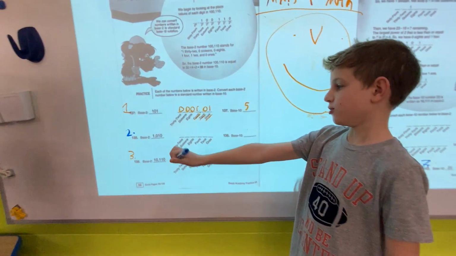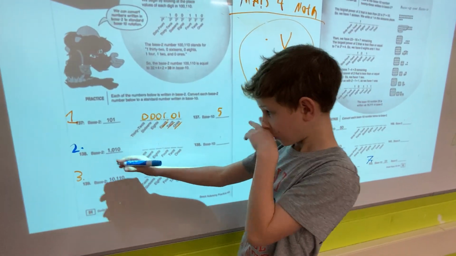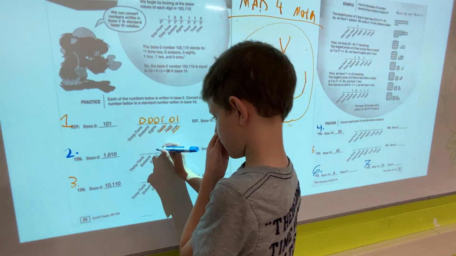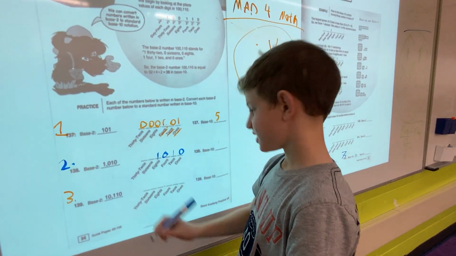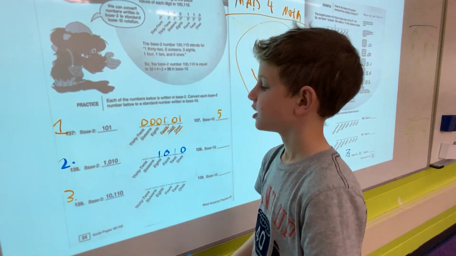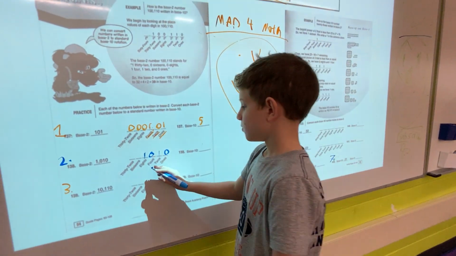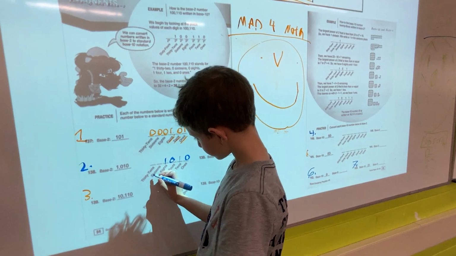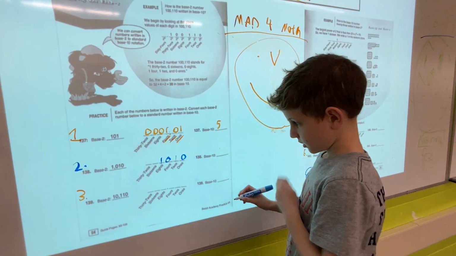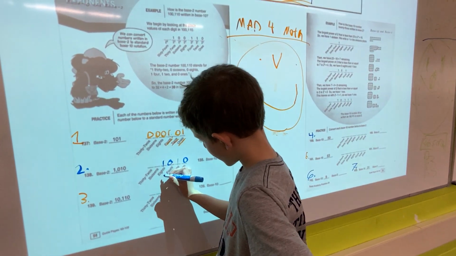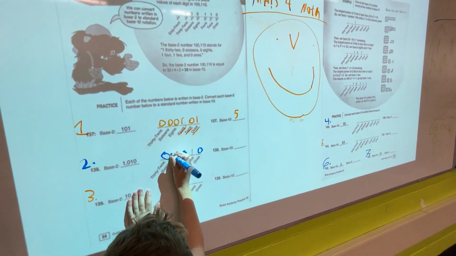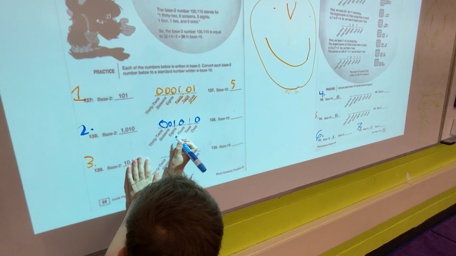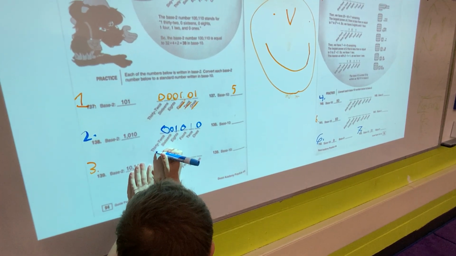And for number 2, it says base 2, 1010. So you put 1010. So there are 2 zeros here, and that's 0 thirty-twos.